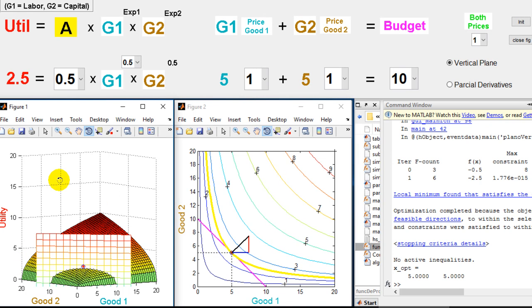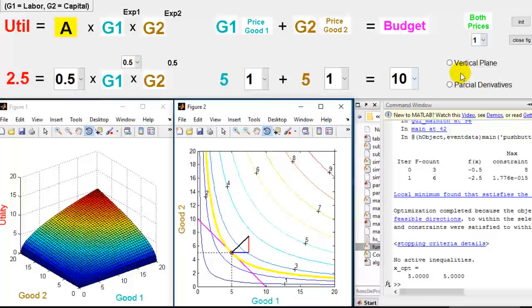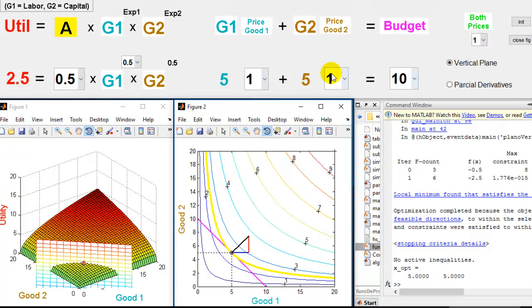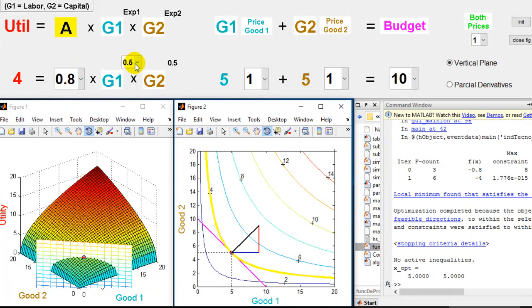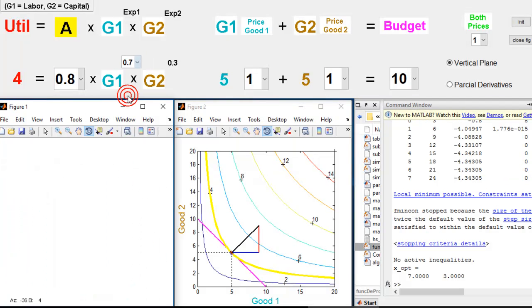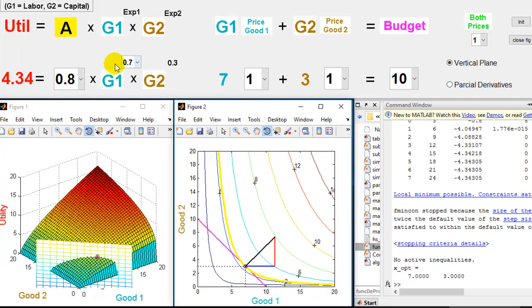Okay, what we are going to see in this video is what happens when you change the values. Let's say you change the value of a, then you change this exponent. You can see here that the sum of the exponents is 1.